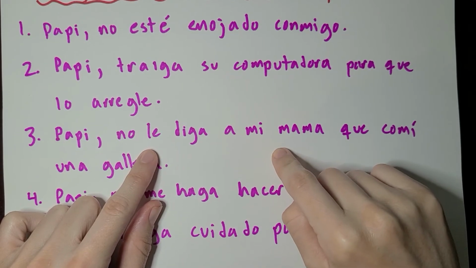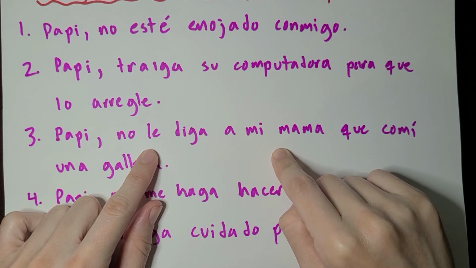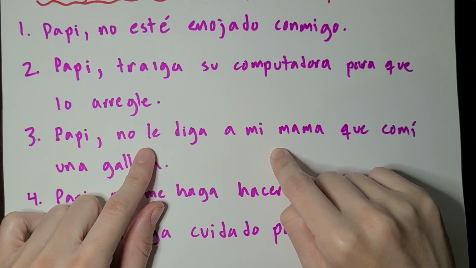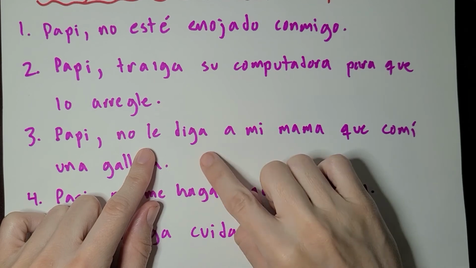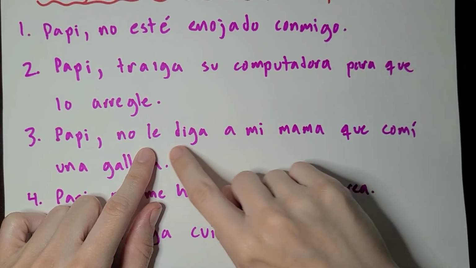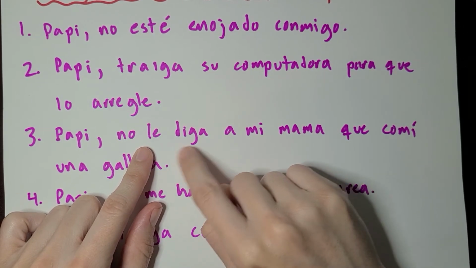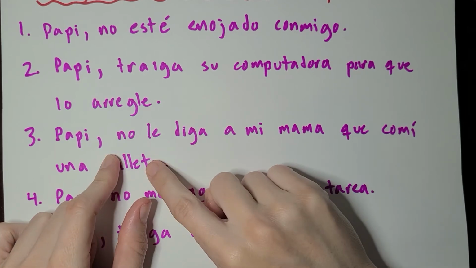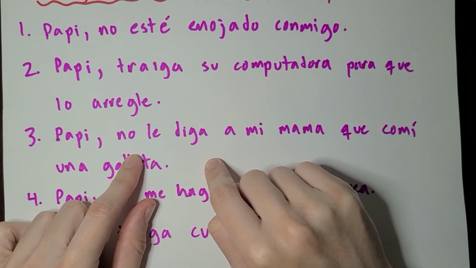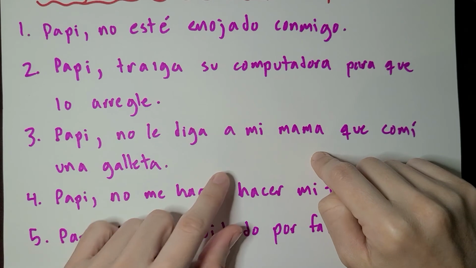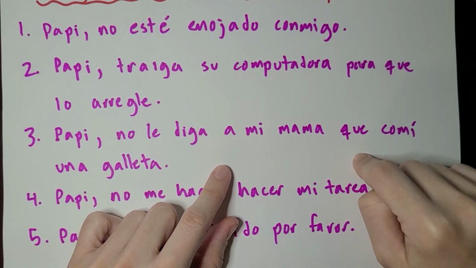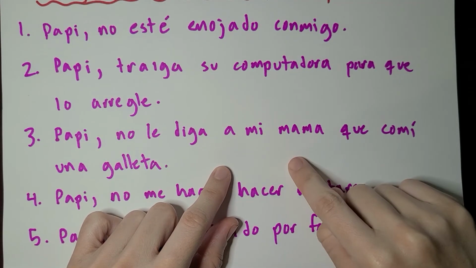You're specifying who you're going to tell or not tell something to, and then over here you still have the pronoun. But that is the correct way. Even if you specify who you're talking about, you need to put le in front of diga. So, papi, no le diga, don't tell a mi mamá, mom, que comí una galleta, that I ate a cookie.